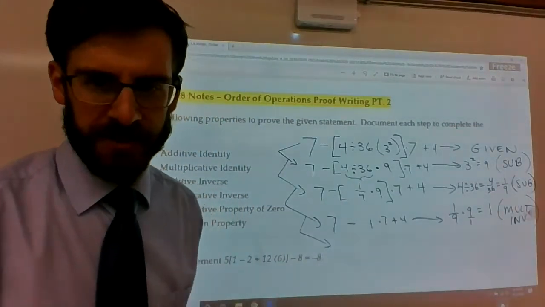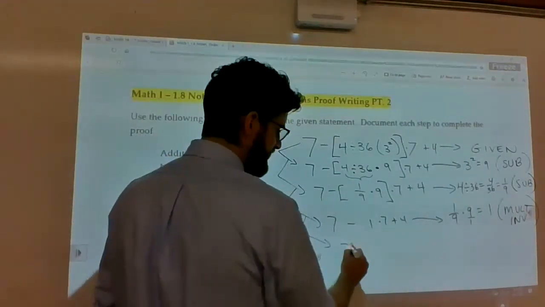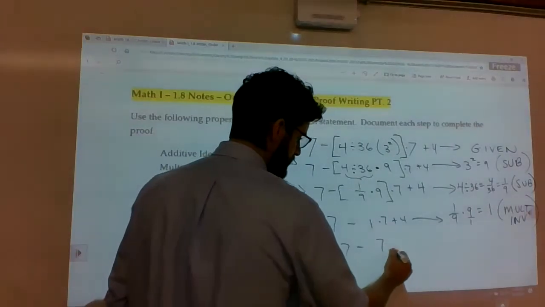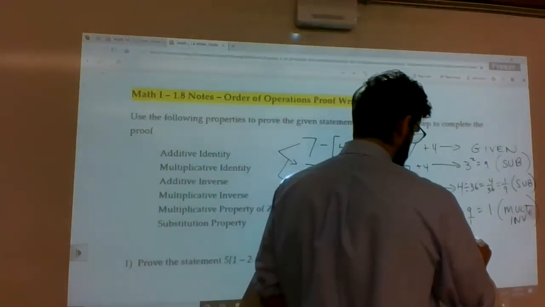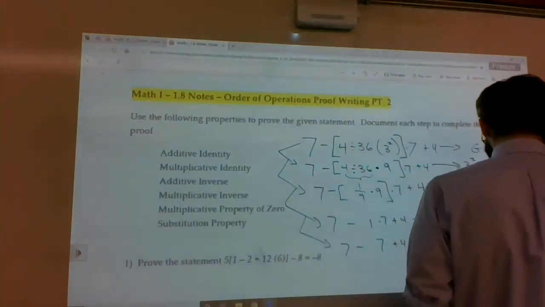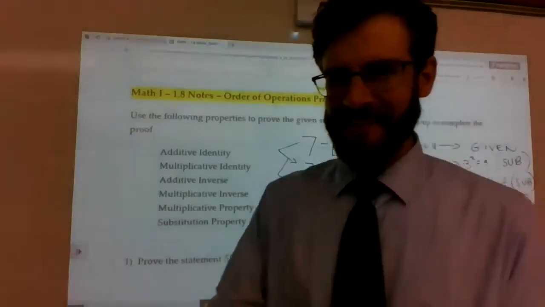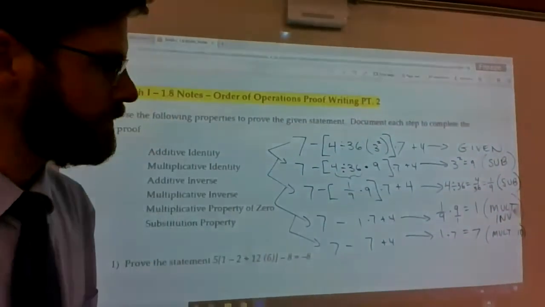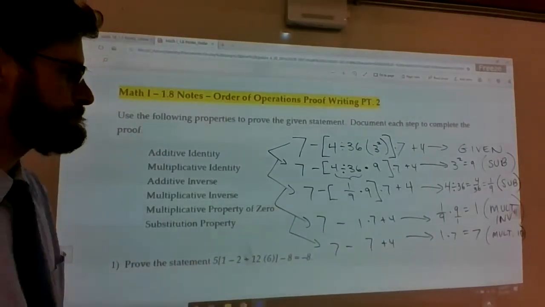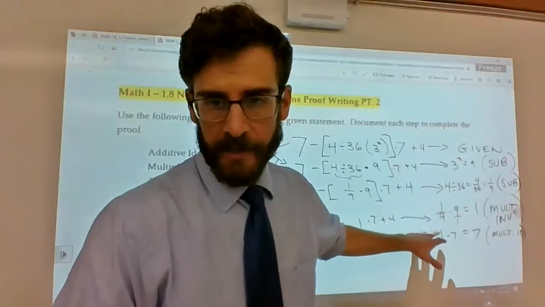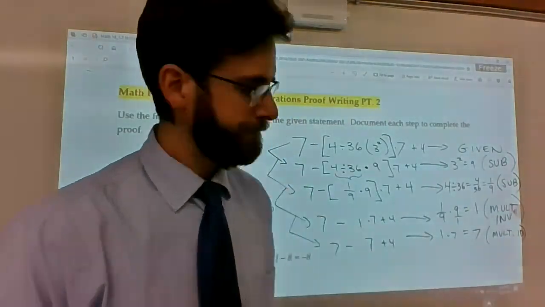The multiplication must come first. 1 times 7 is 7. That's the multiplicative identity. Again, multiply anything times 1, you're going to get that number back.